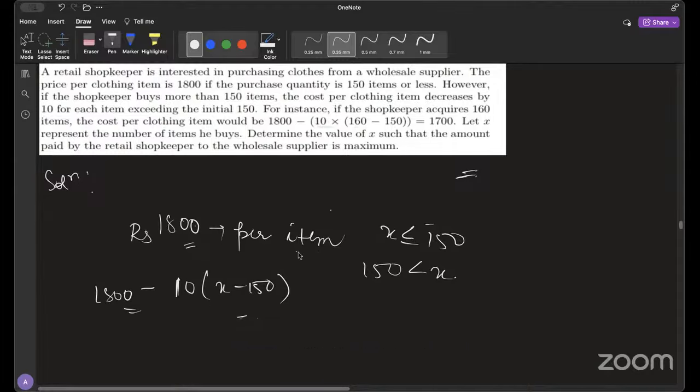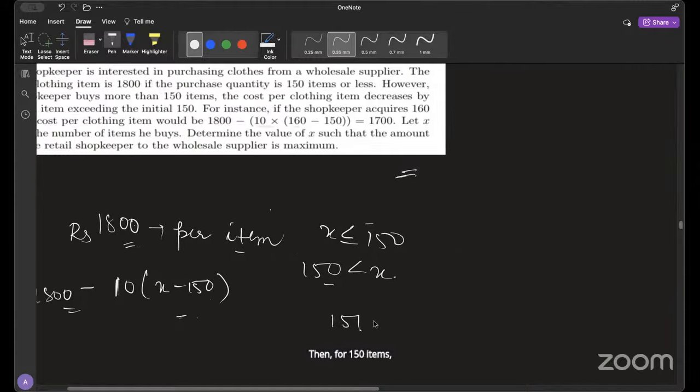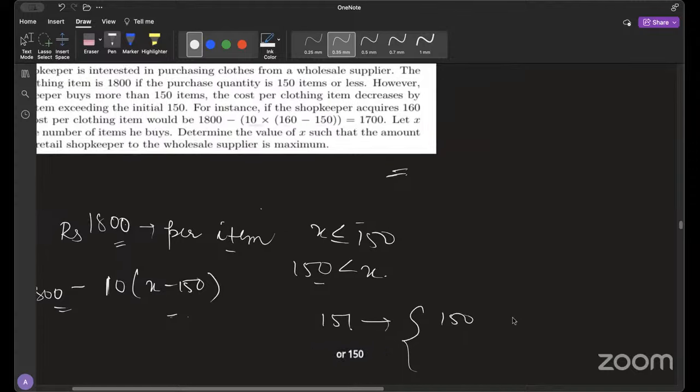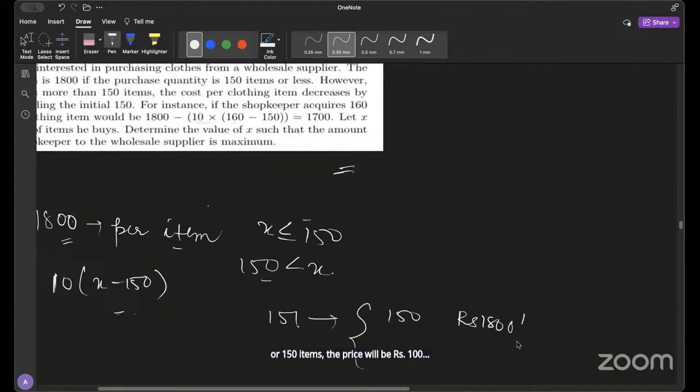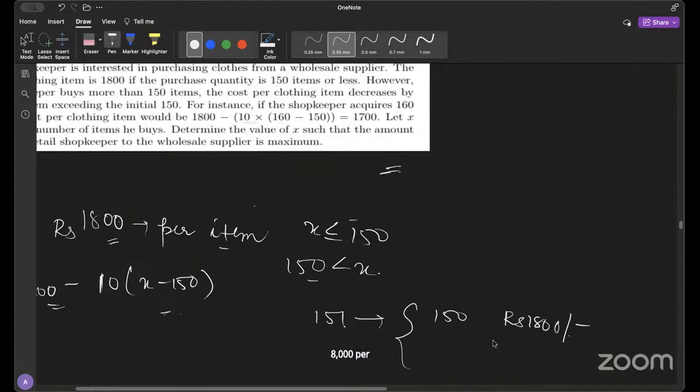1800 is the usual price. But once you cross 150 items, per item, the cost reduces by 10, right? So if you have 151 items, for 150 items the price will be rupees 1800 per item.